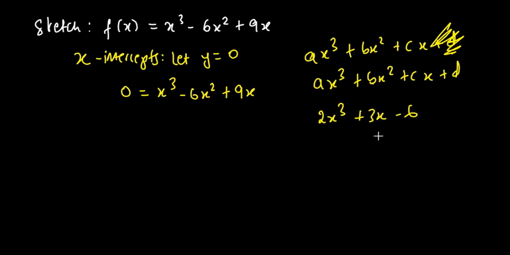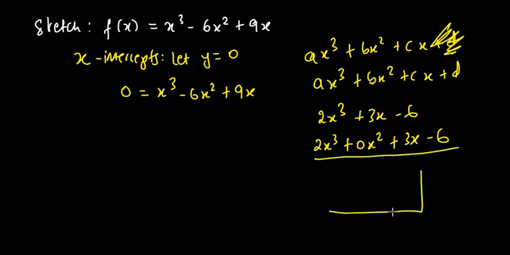But remember, you need to rewrite it as 2x cubed plus 0x squared plus 3x minus 6, so that the terms are always four. So you're going to have 2, 0, 3, and then negative 6. They must always be four. Then here you would have x equals something. Remember, you can check the previous video for more details.